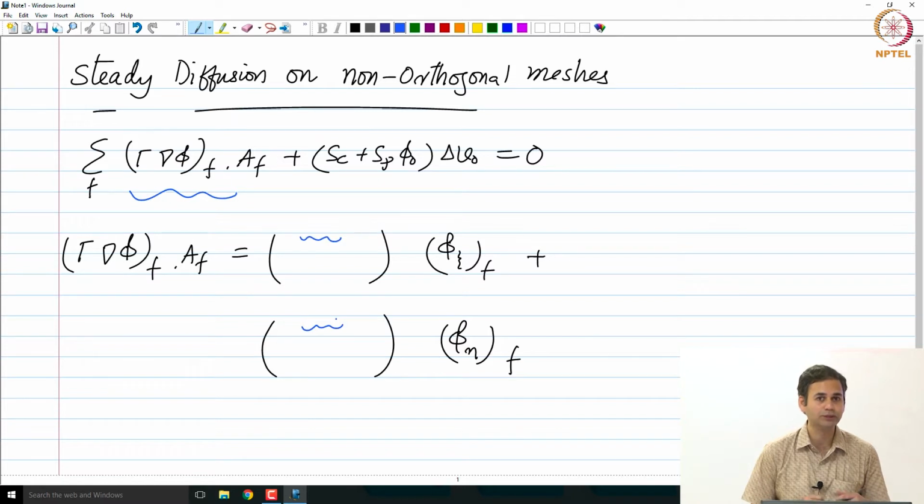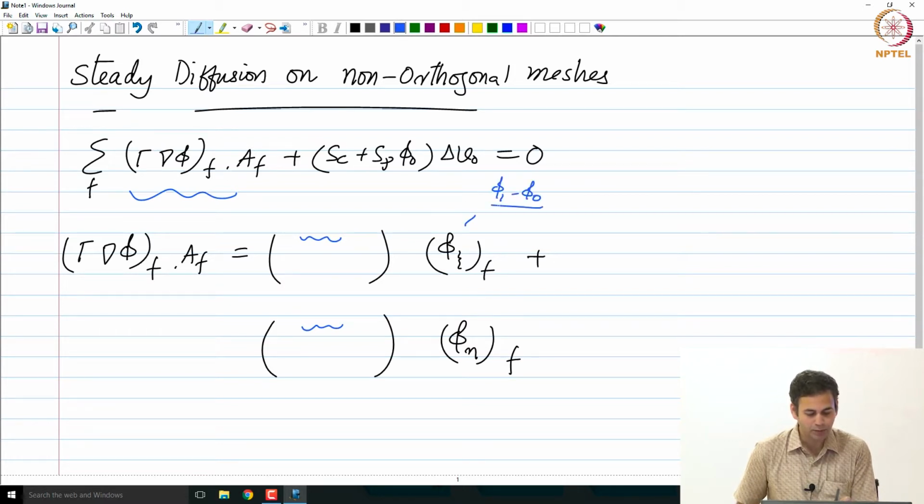We decomposed this into the xi direction and the eta direction, and then what we said is that the derivative in the xi direction can be written in terms of the cell values using a linear profile assumption. Phi xi f can be written as phi 1 minus phi 0 upon delta xi, and we called this first term, which is multiplying phi xi f, the primary gradient.